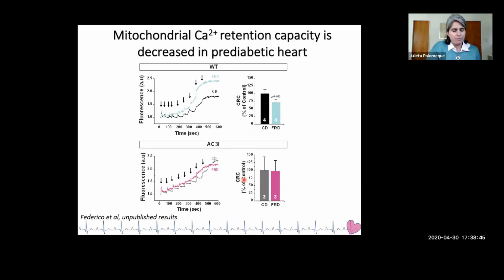We have very few experiments in AC3I mice, but at least at this point it is not significantly different. So we think that if we could increase the number of experiments, maybe we'll have promising results about CaMKII being involved in this phenomenon.